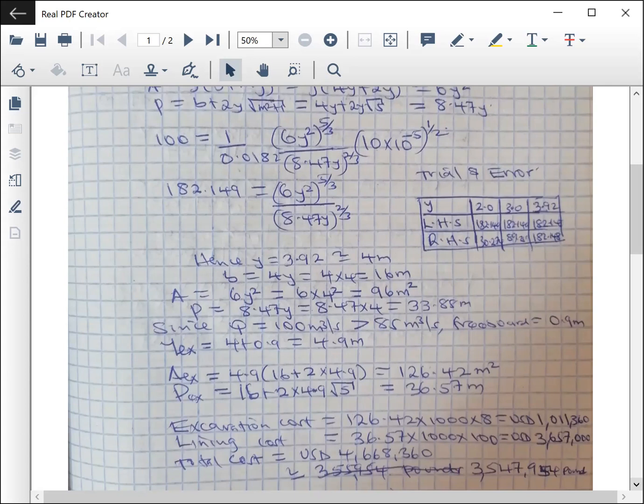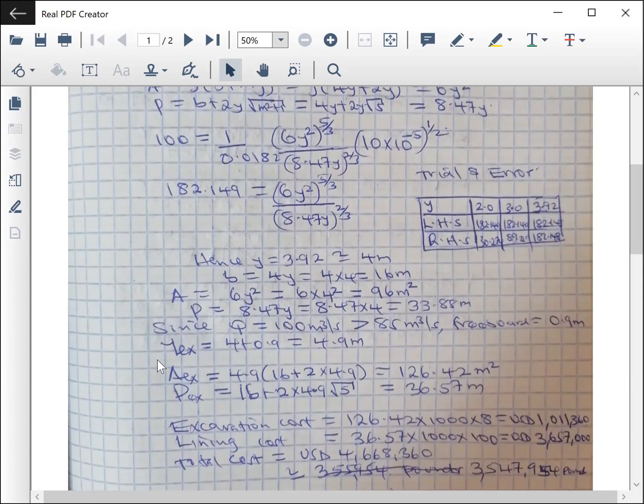Freeboard is where, if you design a level of water in the channel of 9 meters, you add another extra depth to take care of waves or unexpected high discharge. Freeboard is like a factor of safety to ensure that if the discharge is slightly more than your designed discharge, it will not overflow. So we add a freeboard of 0.9 meter.